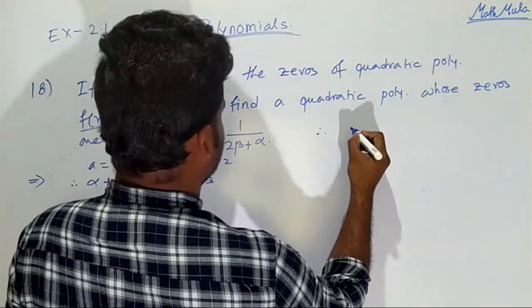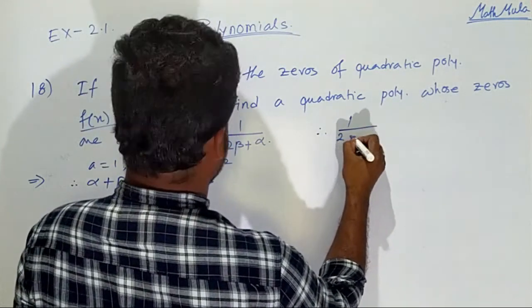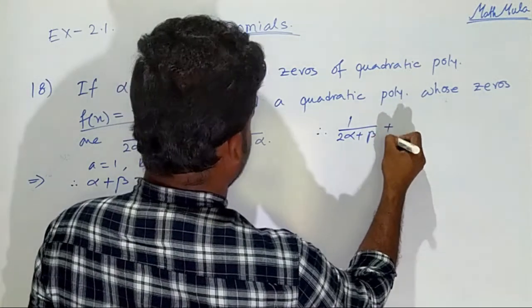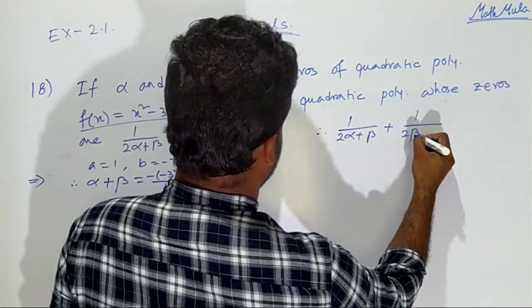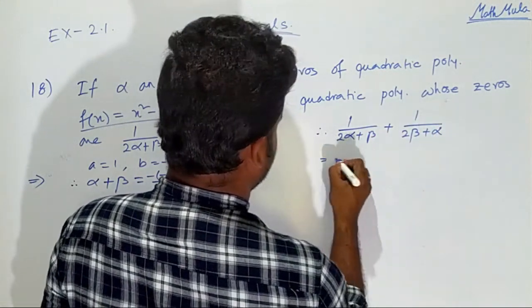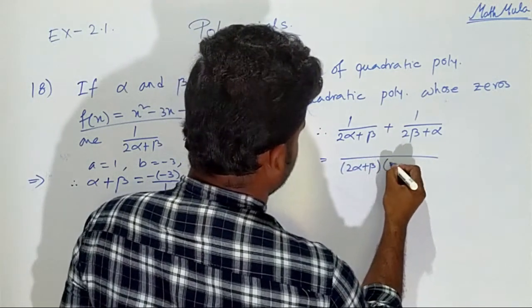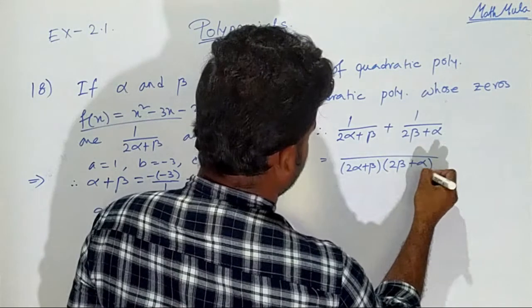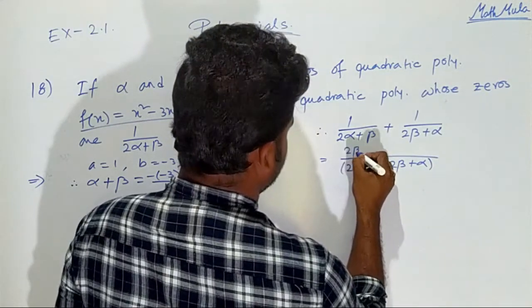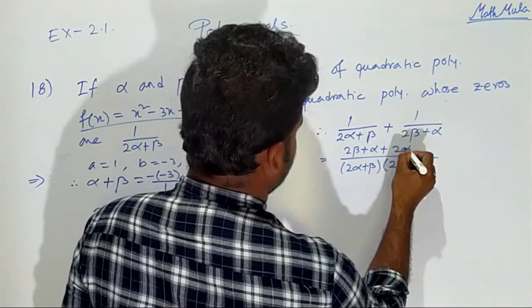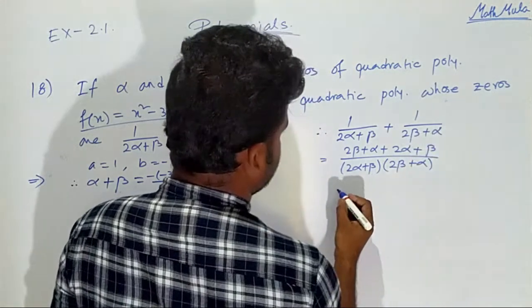Therefore, the sum of these two zeros, 1 by 2 alpha plus beta plus 1 by 2 beta plus alpha. Now LCM then, 2 alpha plus beta, 2 beta plus alpha, and 2 beta plus alpha plus 2 alpha plus beta.